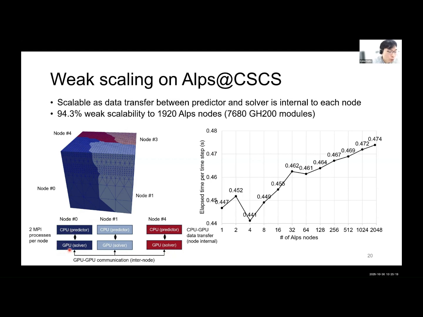And the CPU and GPU data transfer is internal to the node. So only internode communication is done by the GPU. We can get very good weak scaling, over 94%, up to 7,680 GH200 modules.